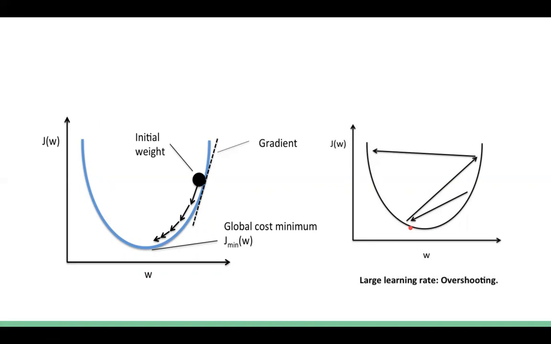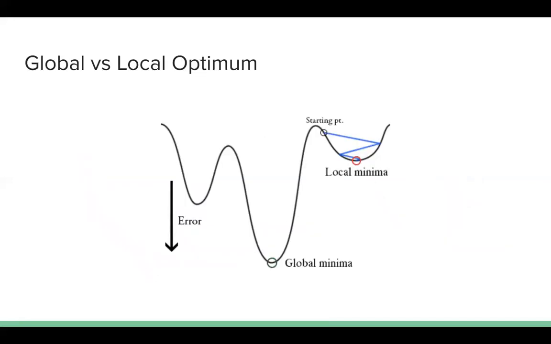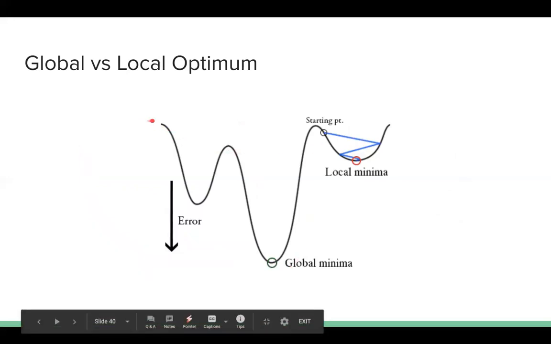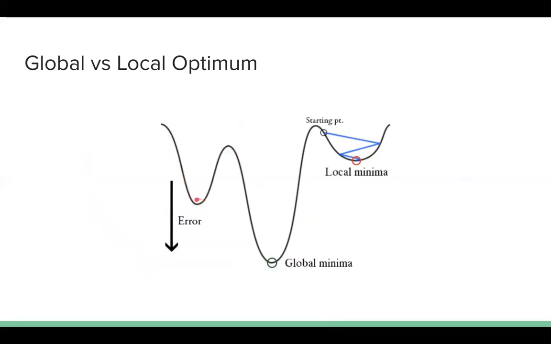For that reason, it is always necessary to keep the alpha value very minimal, less than 0.1. I have also given you a simple example of global minimum and local minimum. If the curve is something like this, the algorithm might assume that this is the actual minimum, and when it is converging from this starting point, it may treat this as a local minimum, though frankly speaking it is only a local minimum.